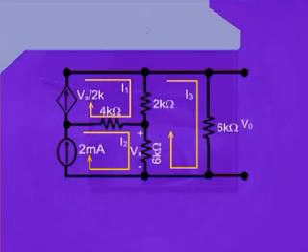So for the top left corner, we assign the mesh number 1, and we suppose that the current I1 is flowing through this mesh. Underneath that mesh, we consider that there exists a mesh number 2, and the current I2 is flowing through this mesh as well.